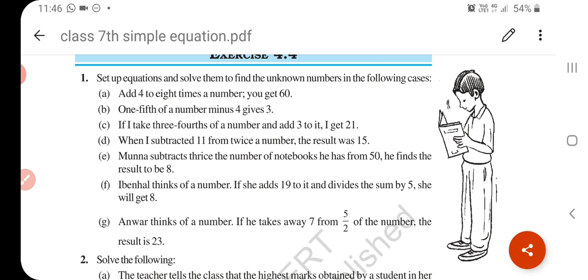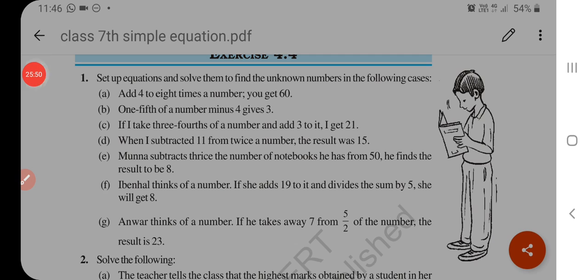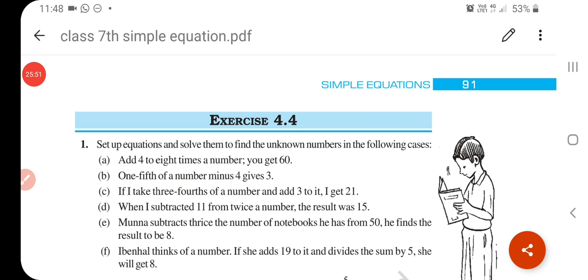Munna subtracts thrice the number of notebooks he has from 50. He finds the result to be 8. Okay, so once again read the question carefully. Munna subtracts thrice the number of notebooks he has from 50.